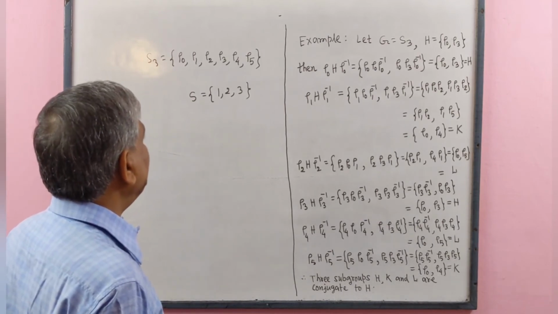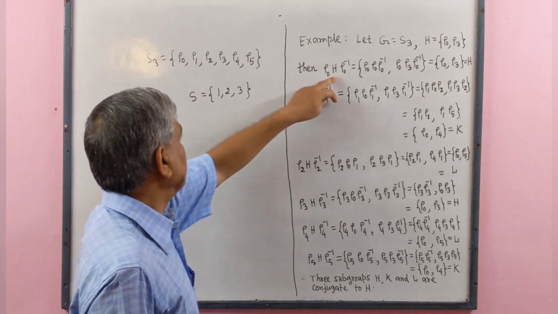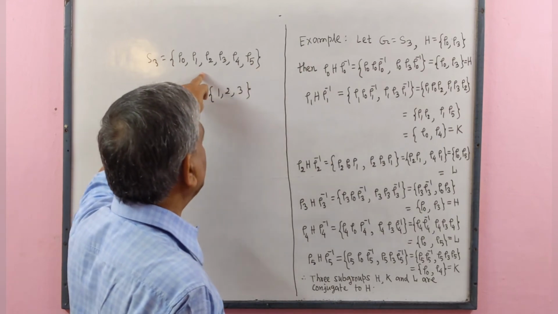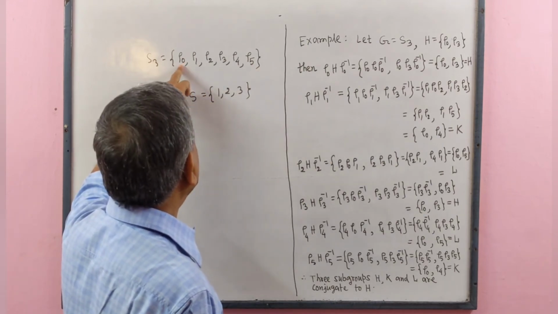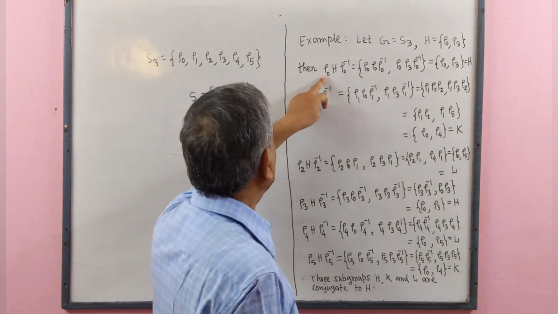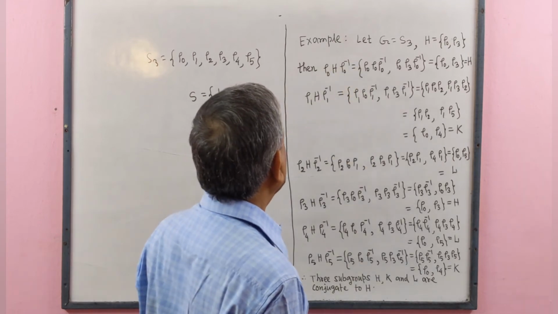Now we find the conjugate of H with respect to these elements one by one. First we take element ρ0. ρ0 H ρ0⁻¹.